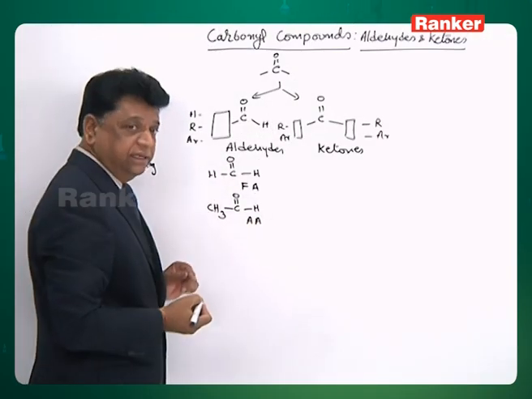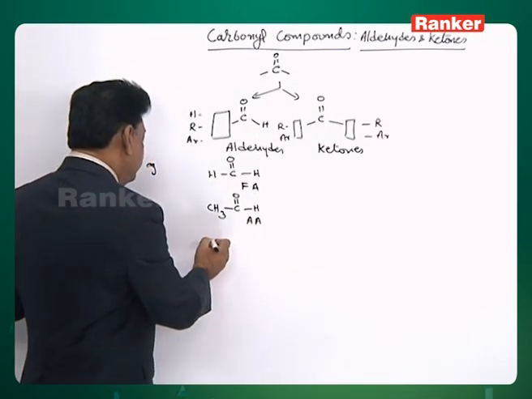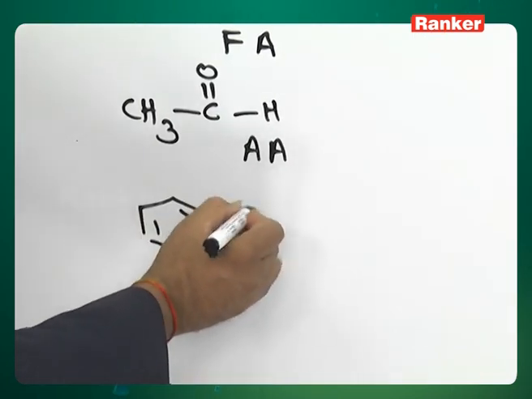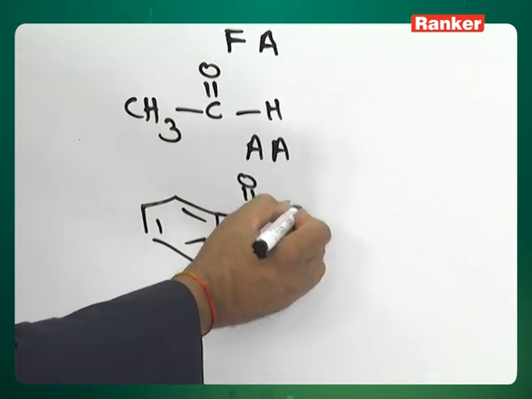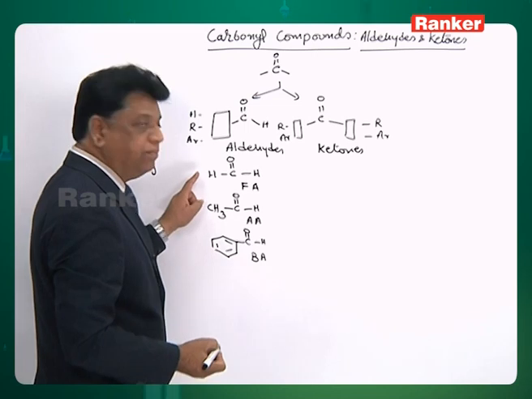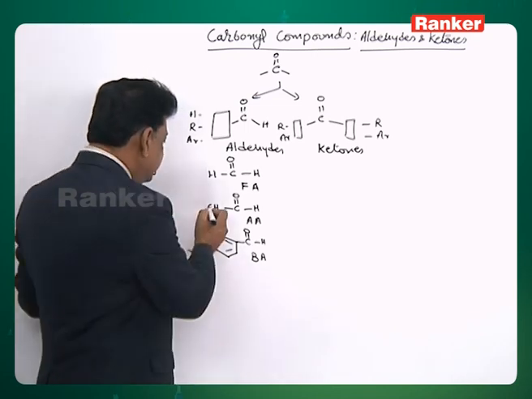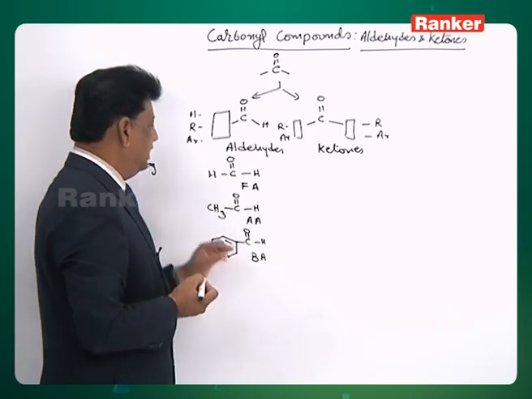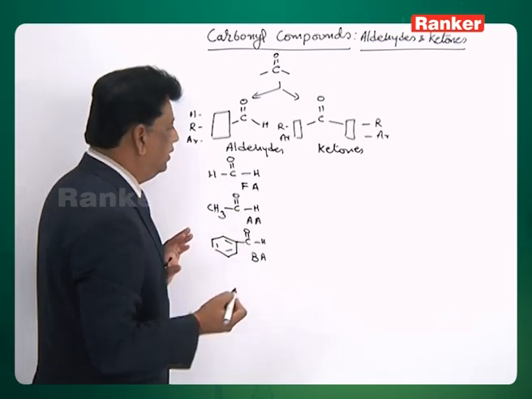Common name it is acetaldehyde. And one benzene with aldehyde, let us abbreviate as benzaldehyde, BA. This CH3CO is called acet. Therefore, formaldehyde, acetaldehyde, benzaldehyde: there are three aldehydes that are very popular.